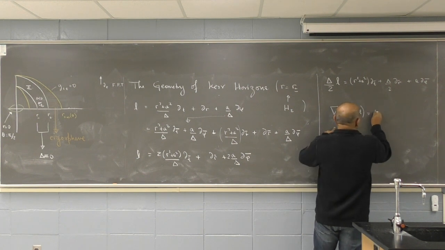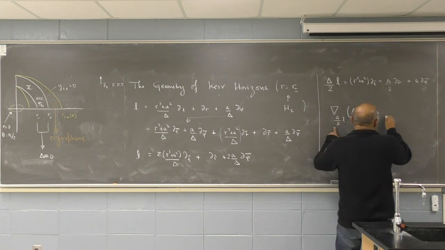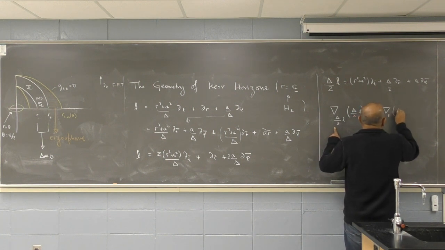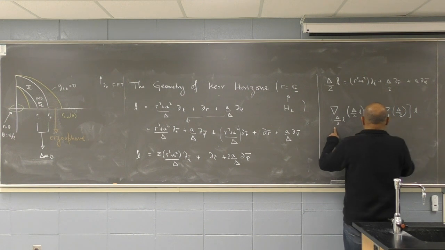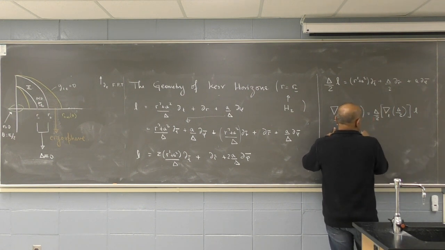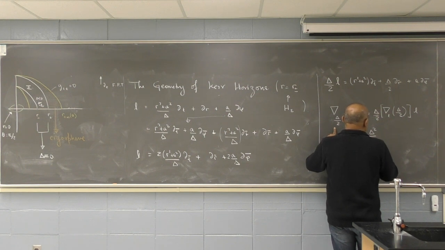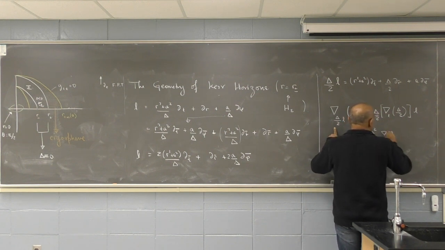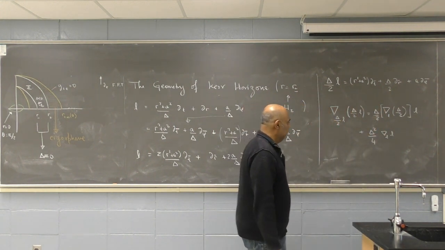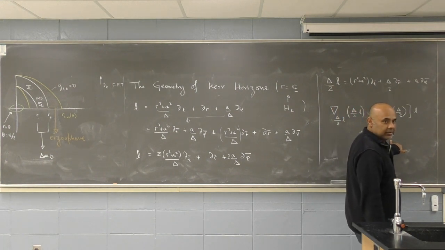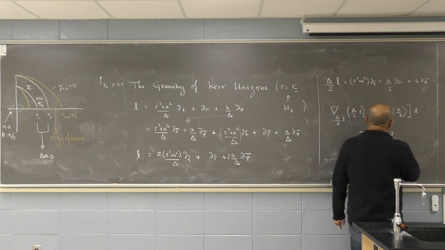Well, I can bring this guy out, and then I have L acting on delta over 2 times L plus delta squared over 4 delta L delta. Correct? Well, L is a null geodesic. I can get this out of the way.